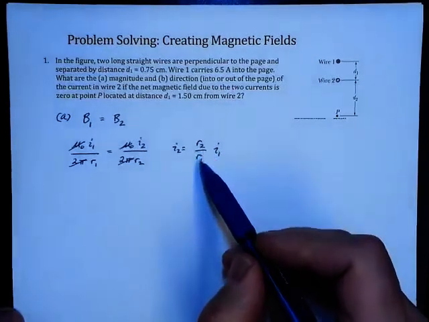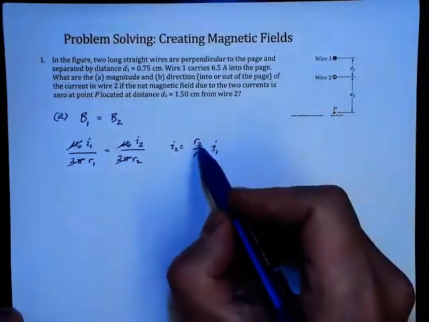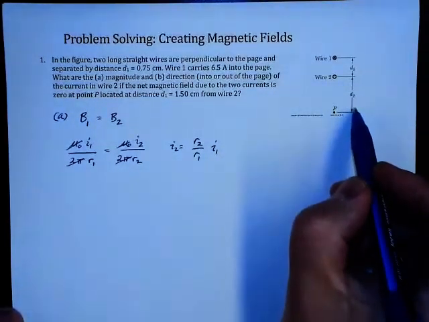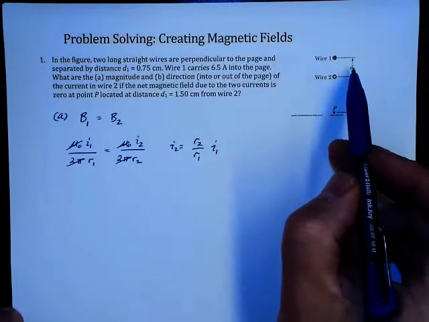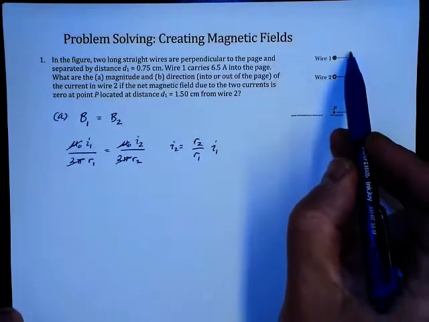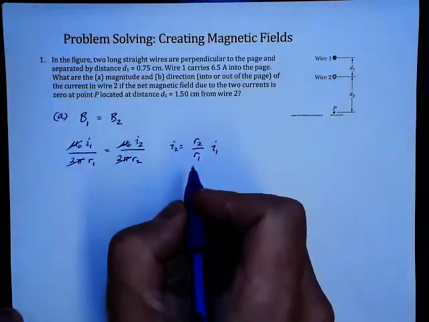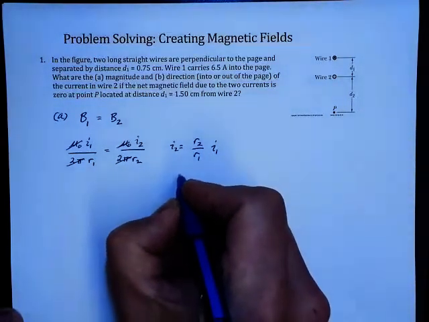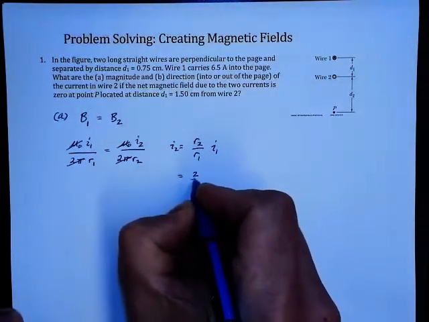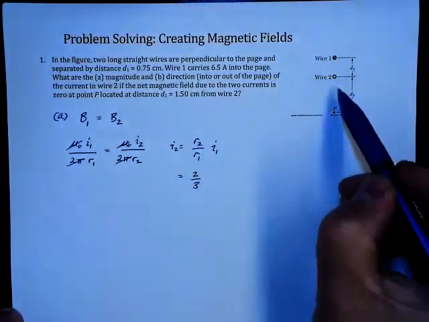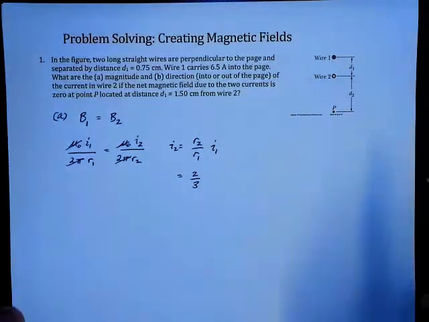And in fact, R2 and R1, we can work it out. R2 is this D2, it's the 1.5 centimeters. And R1 is the 1.5 centimeters plus 0.75 centimeters. So this ratio is actually just going to be 2/3, since D2 is twice what D1 is.